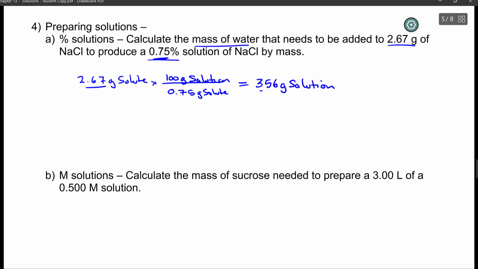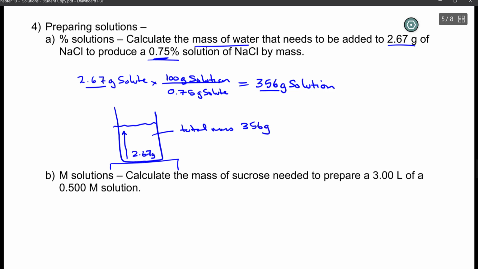Now, to calculate the grams of water you need to add, all you need to do is subtract this from that. But the way this solution would probably get made in a laboratory is you take a beaker. Now, 356 grams is less than half a liter of solution. And you'll take a beaker and you'll put the 2.67 grams in it, and you'll have actually a large balance, and you're just going to add water till the total mass is 356 grams.